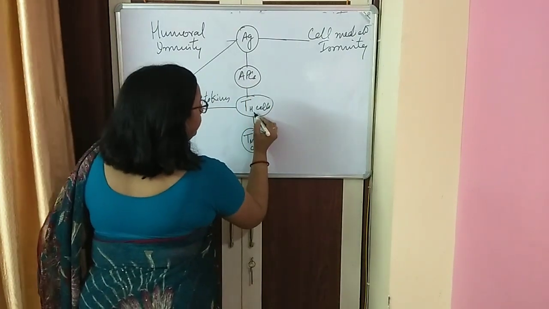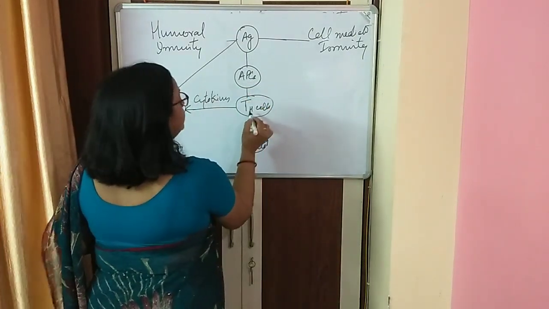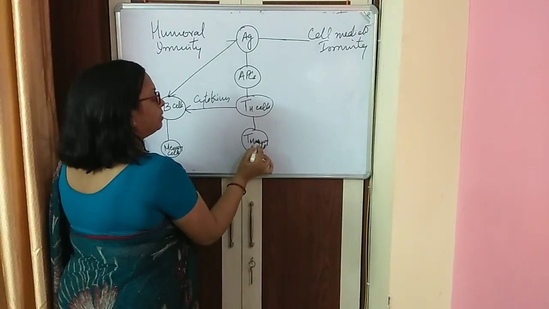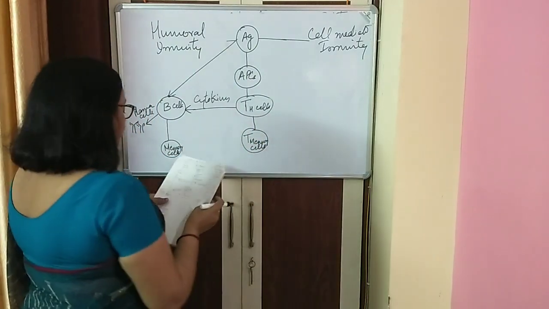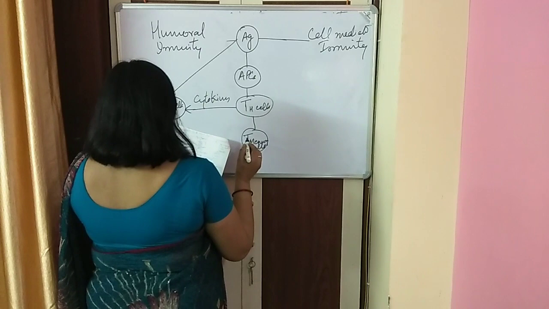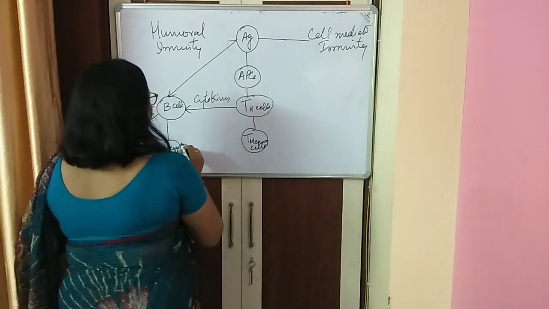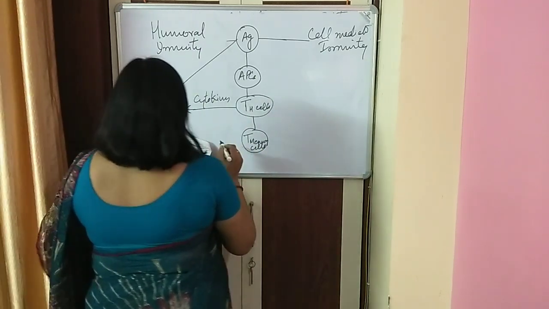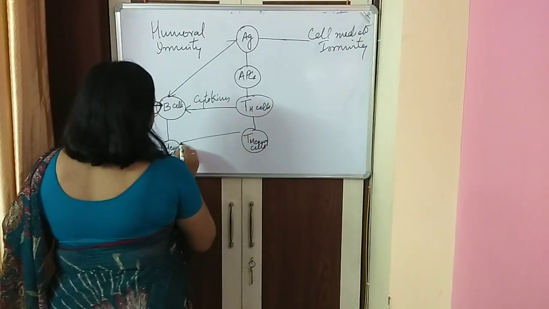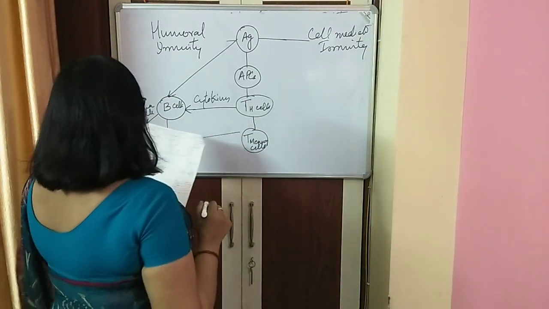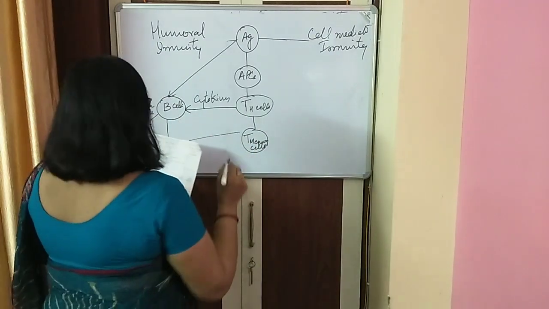Or at the same time, after APC stimulation, the T helper cell will change into memory cells and effector T cells. And these memory helper cells can also stimulate memory B cells, okay.